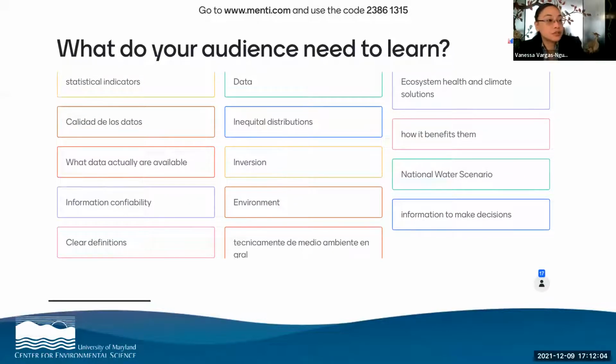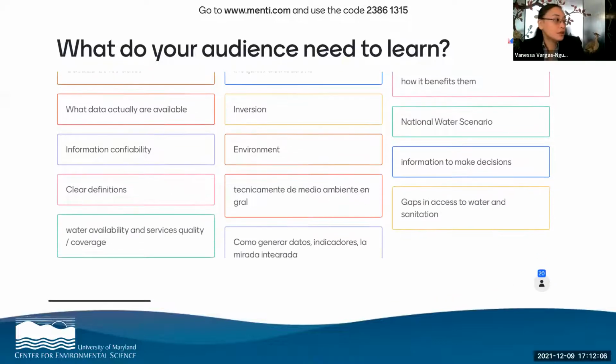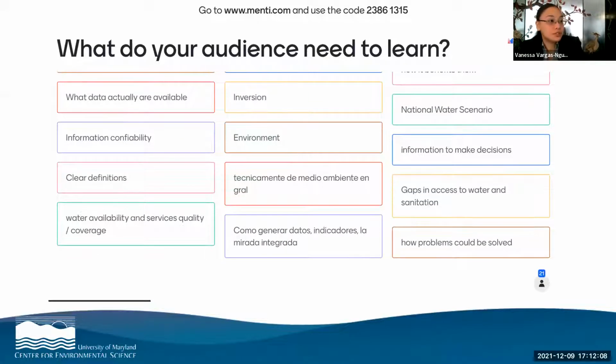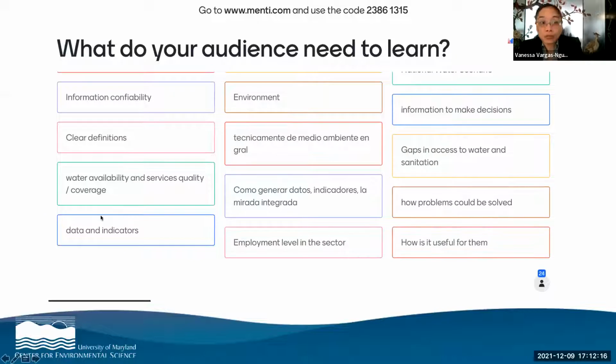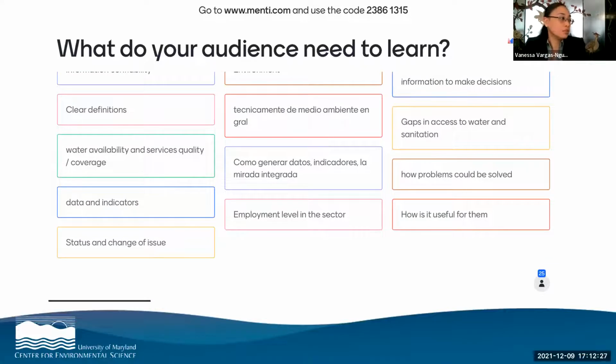Different water scenarios, clear definitions, gaps, as I mentioned, water availability and service quality, how problems could be solved, that's very important to think about as well, how these are useful to them, and employment level, status, and change of issues.